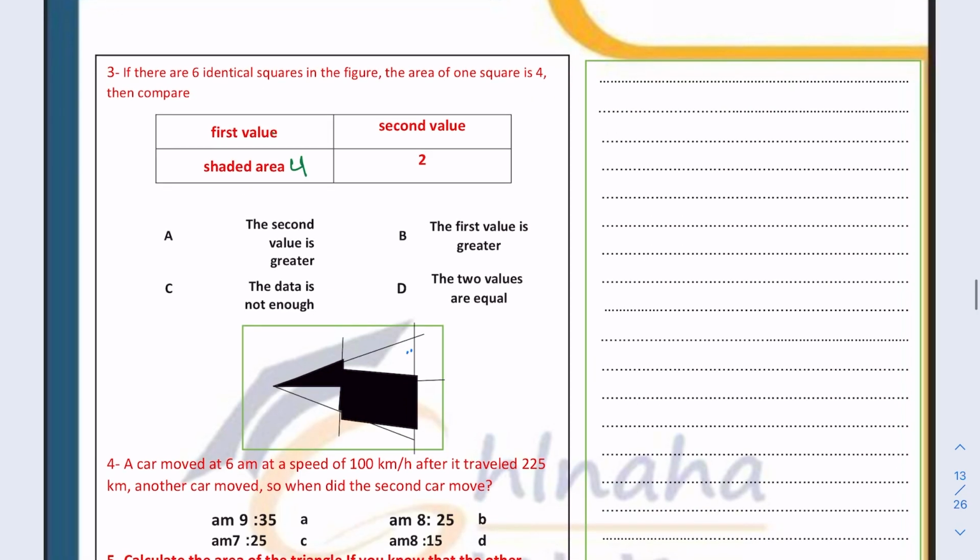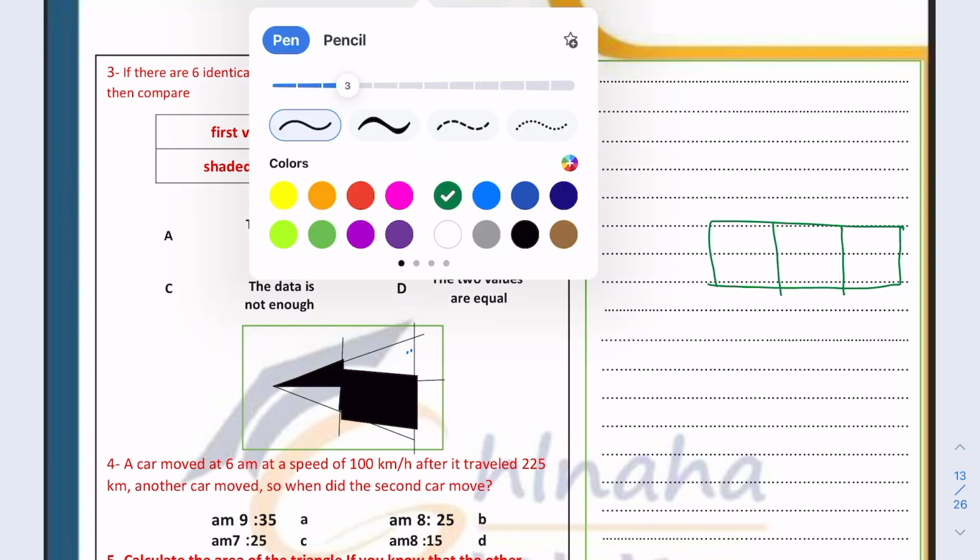Question number 3. We have a figure, and to be clear, this figure has 6 squares, and we have a shaded part inside it.